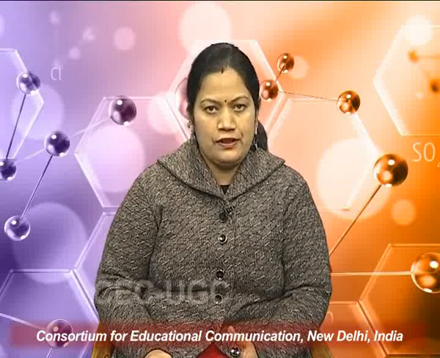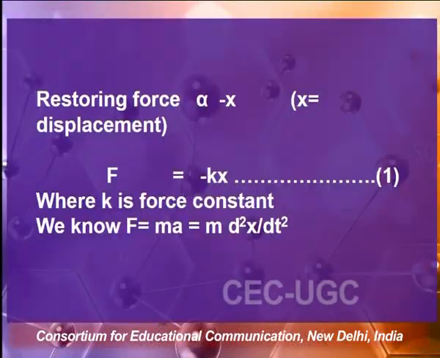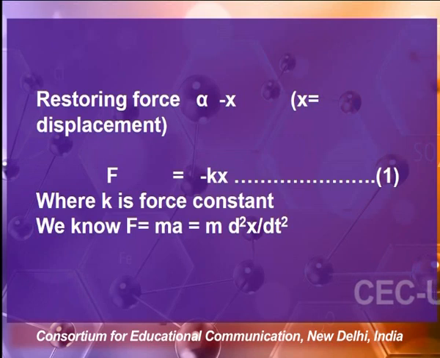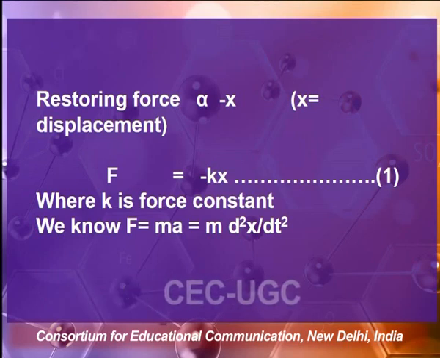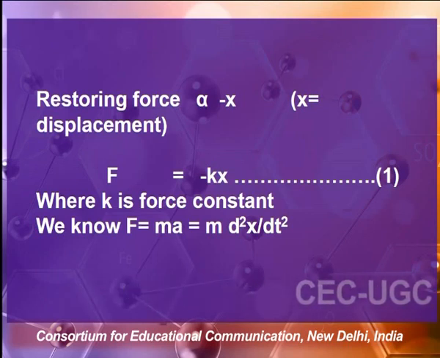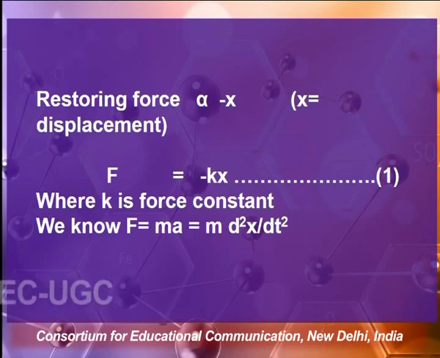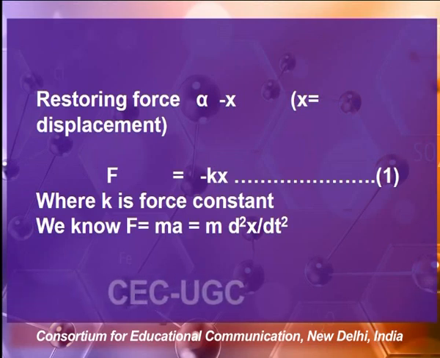Now, for that equation, we know the restoring force is directly proportional to minus x, where x is the displacement. So f equal to minus kx, which we show here as equation number 1, where k is called the force constant.